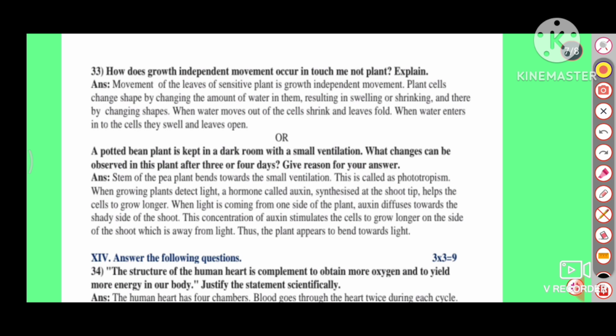Plant cells change shape by changing the amount of water in them, resulting in swelling or shrinking, and thereby changing shapes. When water moves out of the cells, they shrink and leaves fold. When water enters into the cells, they swell and leaves open.